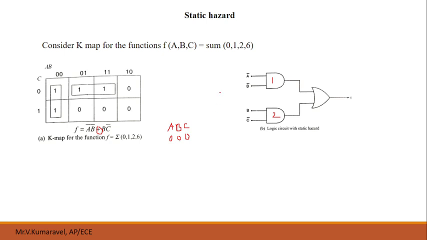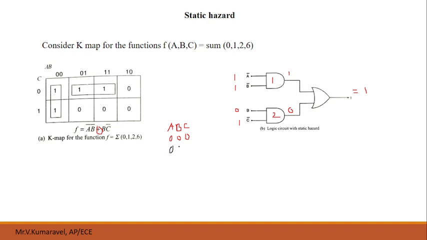Now let us see what happens to our output. The inputs are 0, so this becomes 1, 1, 0, 1. My first AND gate output is 1 and my second AND gate output is 0, but since I have an OR gate, the output of the OR gate is 1.